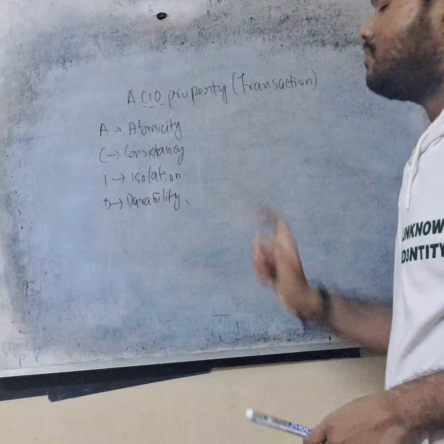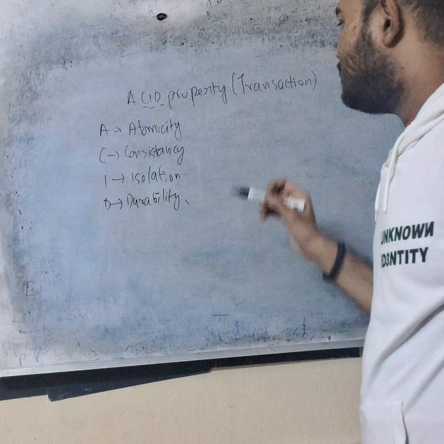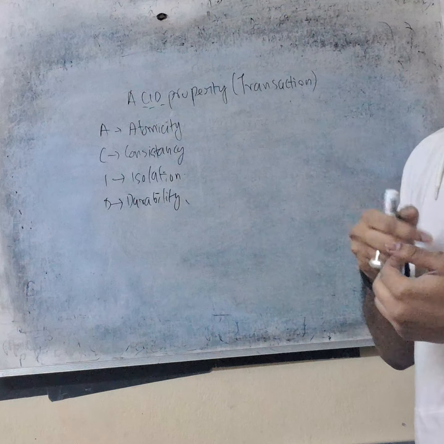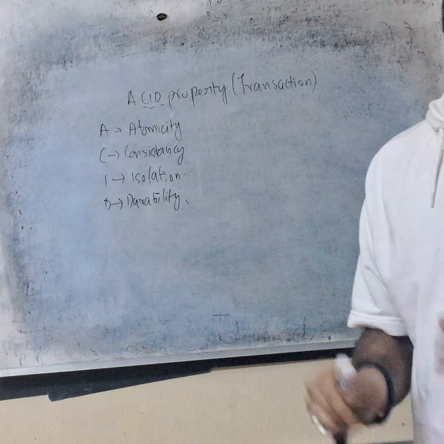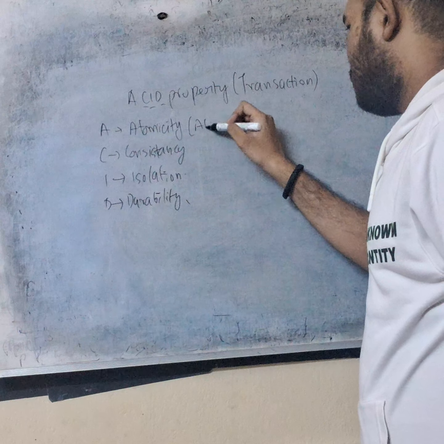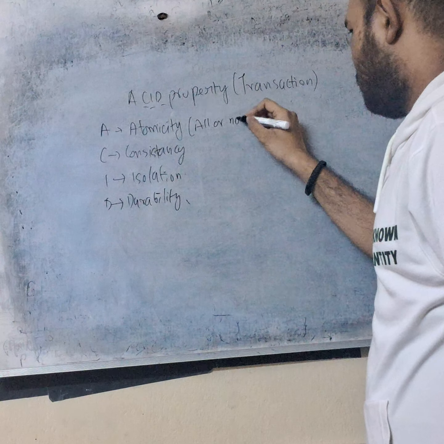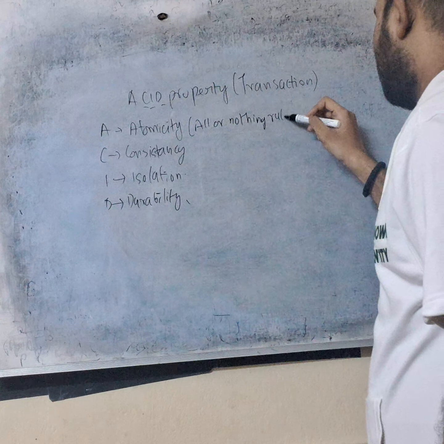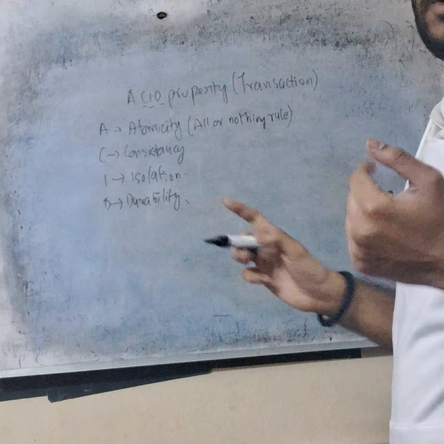So what is the first property? It is atomicity. It means a transaction will either execute completely or it will not start at all. There is nothing in between. It follows the all or nothing rule. That means either it will complete fully or it will not start at all.